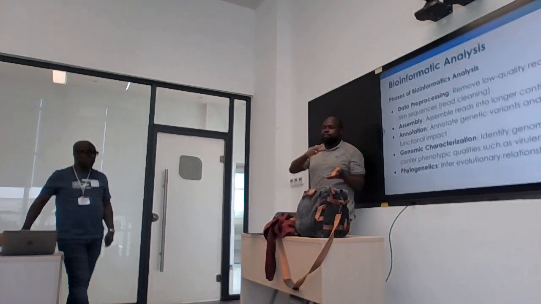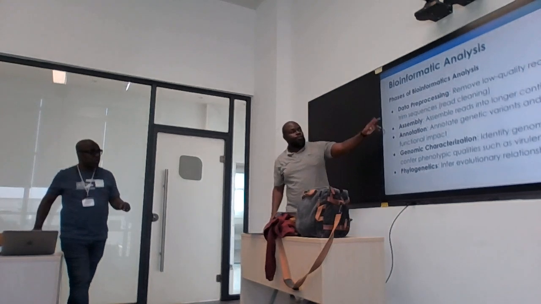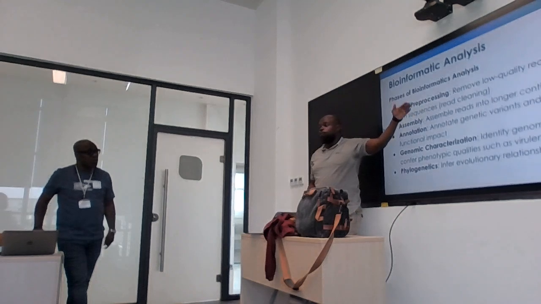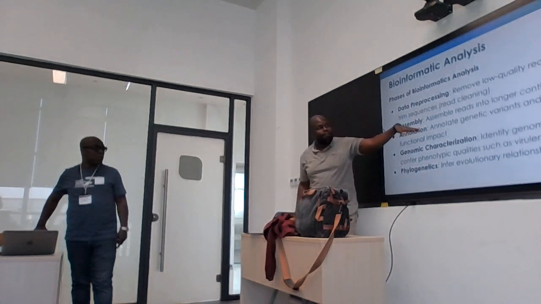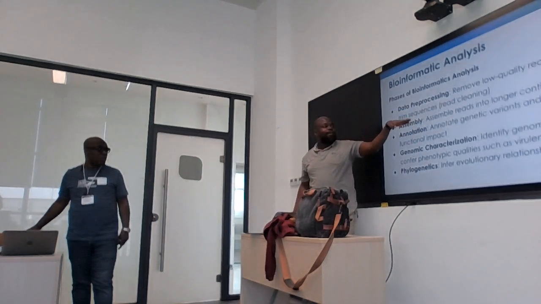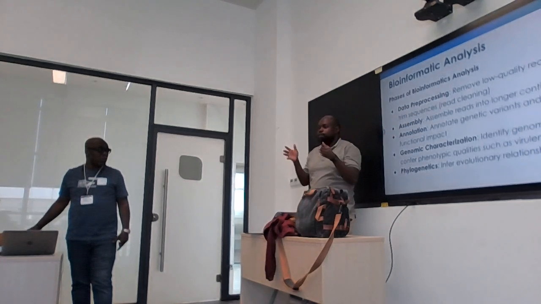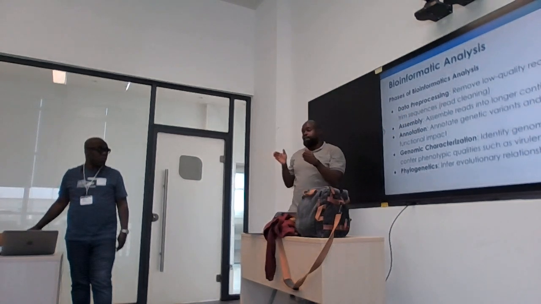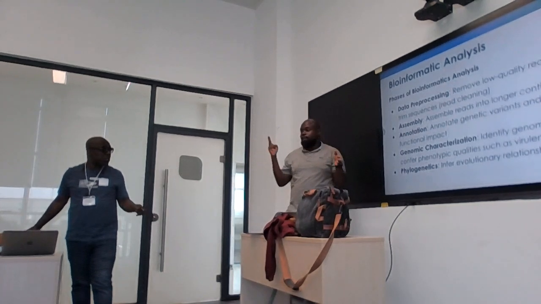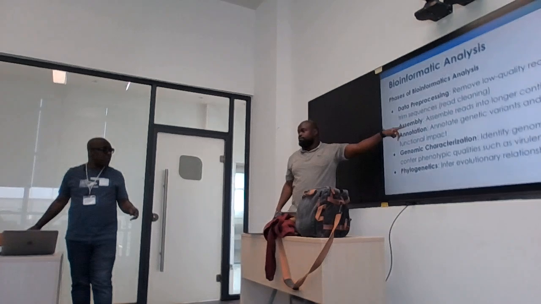And you'll remember that Peter went through this as one of the stages that happens within epidemiology. So one is you remove low quality reads, you remove adapters, and also you trim sequences, so that you get reads that are within a given quality. Secondly, you do your assembly.